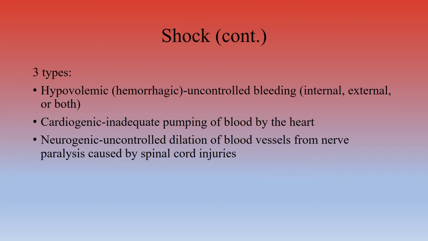Neurogenic shock is the uncontrolled dilation of blood vessels from nerve paralysis caused by spinal cord injuries. There is no actual blood loss with neurogenic shock, but the dilation of the blood vessels increases the circulatory system's capacity to the point where the available blood can no longer adequately fill it. That is not real common in the field.